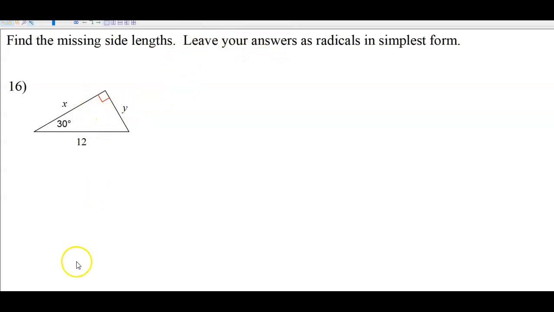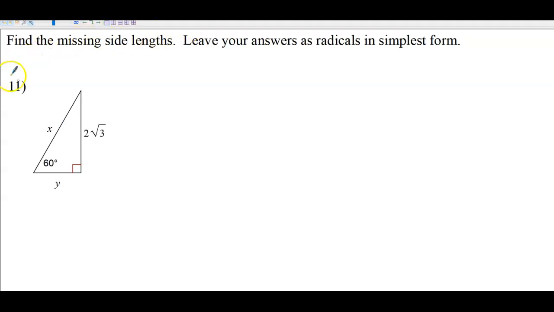All right, let's go ahead and take a look at yet another problem, number 11. So what kind of a triangle is this? 30, 60, 90. What side did they give us? They gave us the long leg. So when you have the long leg, you can find the short leg by doing what?